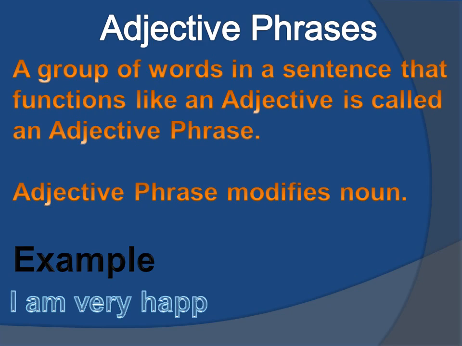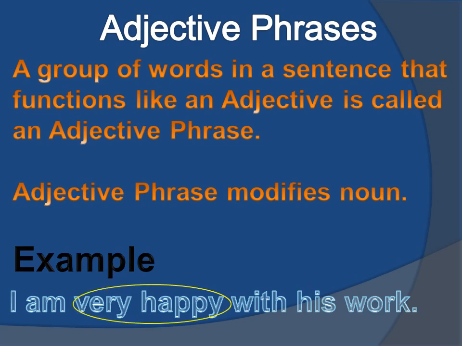I am very happy with his work. In this sentence, very happy is an adjective phrase. The adjective in this is happy, which is related to I pronoun, and very is used as an adverb. So, very happy is an adjective phrase.